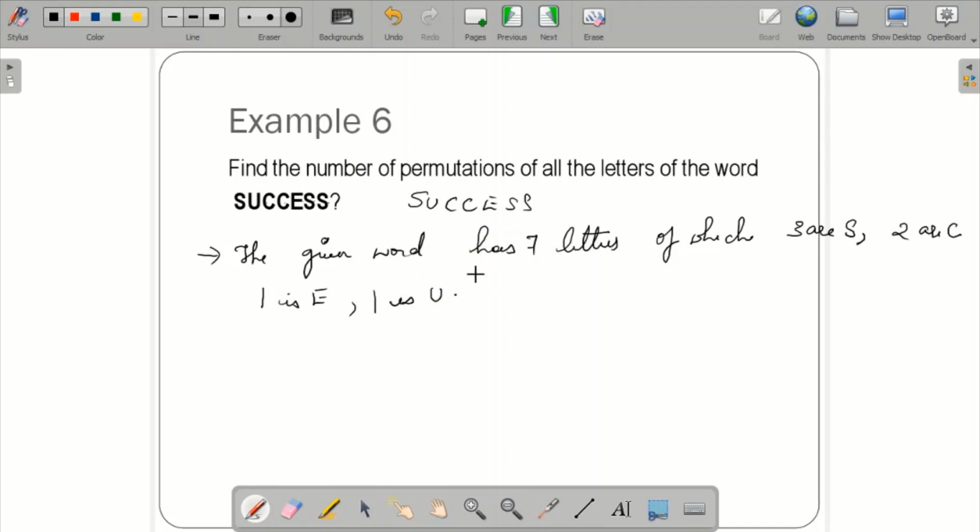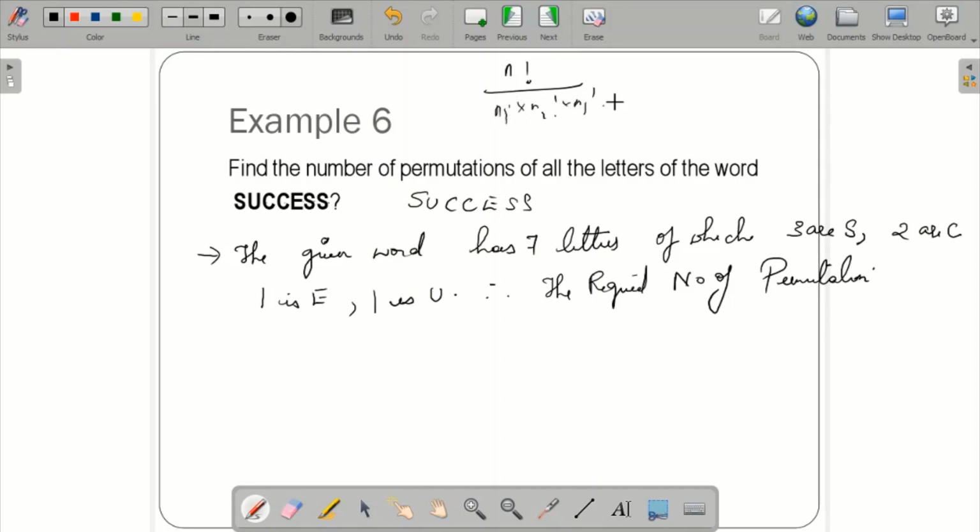Therefore the required number of permutations: I've already told you the formula for this. When you want to find the distinct number of permutations of such letters, n factorial, where n is the total count of the letters, which in our case is 7, divided by n1 factorial into n2 factorial into n3 factorial and so on till nk factorial.